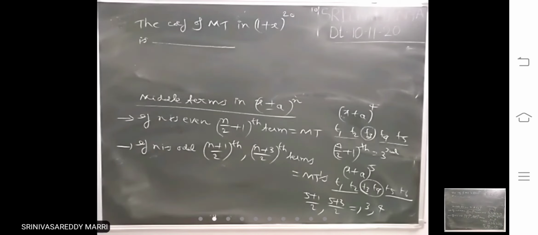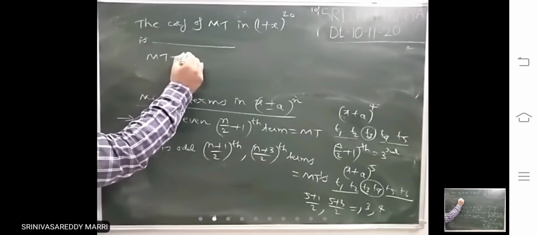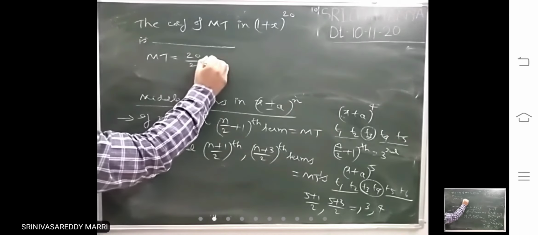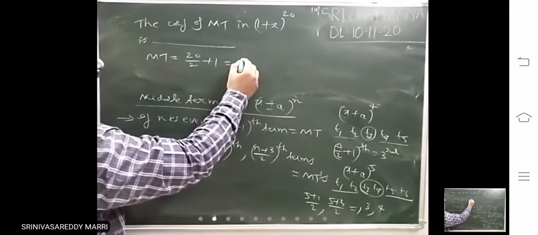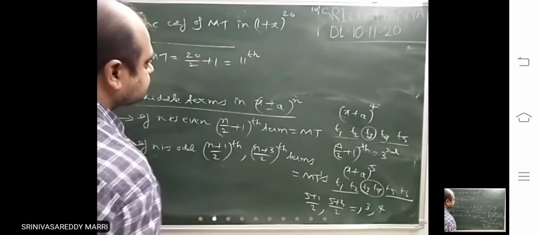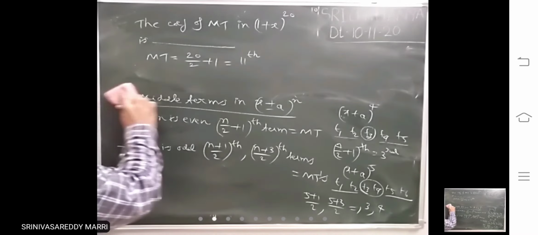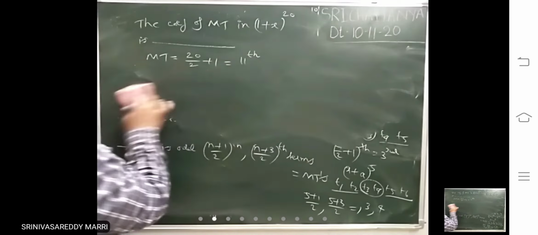Coefficient, that means first you have to write the term. Middle term is which term? n by 2 plus 1, that means 11th term. So the 11th term will be the middle term. So then you have to write the 11th term coefficient.